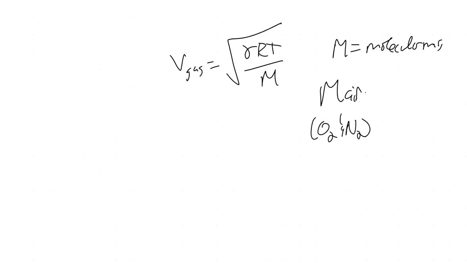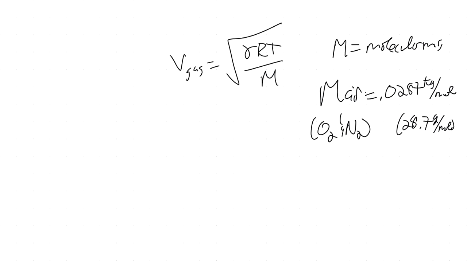It's like 70% N2, 28% O2, and you get an average of 0.0287 kilograms per mole, which is 28.7 grams per mole. You can do that calculation yourself, but I'll just give that to you.